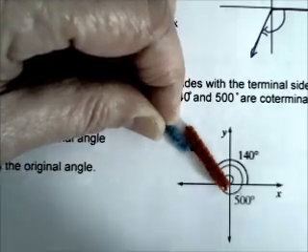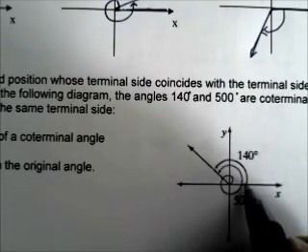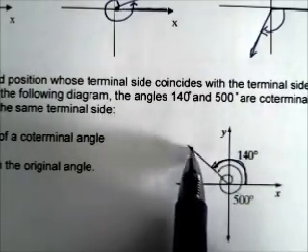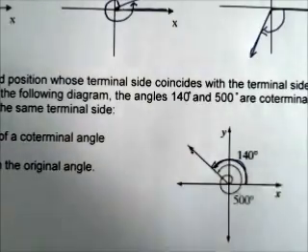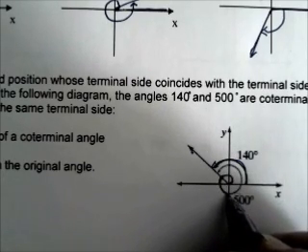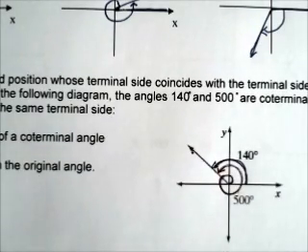Okay. Let's see if I can do this with the blue pen. All right, so this is the 140. This is the terminal side, the ending side. And now we have our other angle of 500, which was the 360 plus the 140 more. They share the same terminal side. So they're coterminal angles.